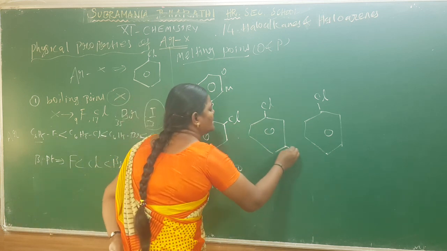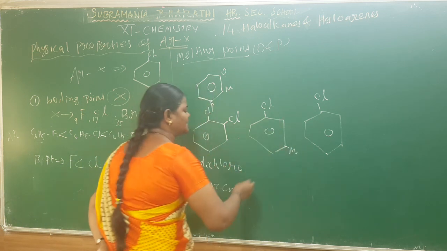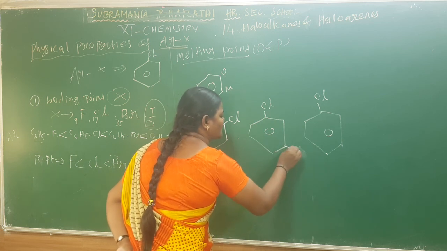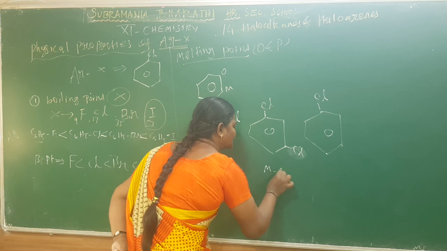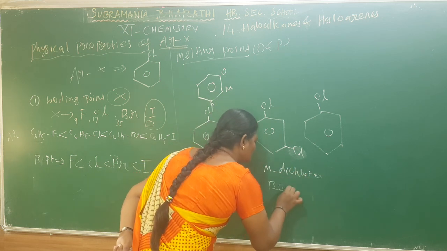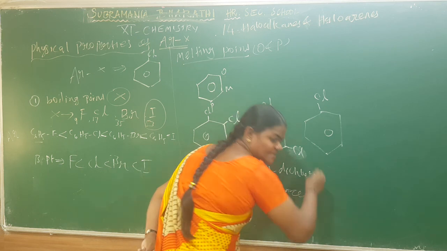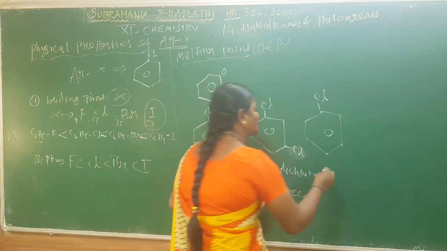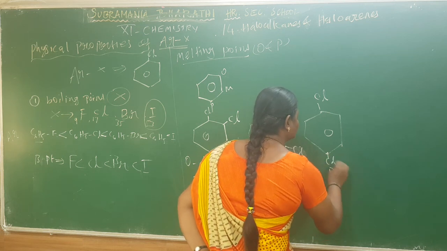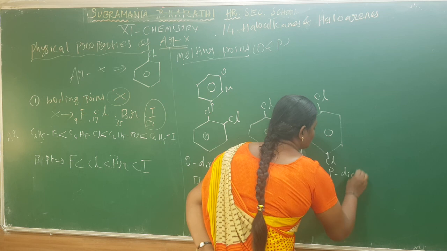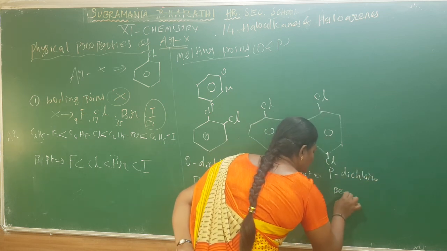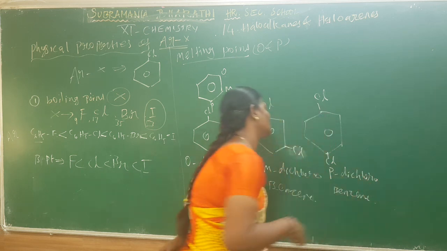This is the meta position of chlorine, meta-dichlorobenzene. Or otherwise the para position, whichever you take. So the next one is para-dichlorobenzene.